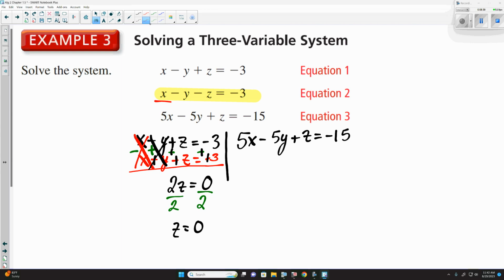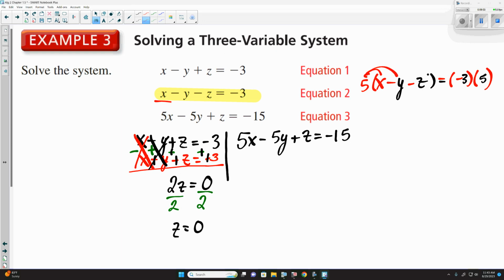All right, let's look at the other equation. What do we need to multiply our eliminator equation by to get our X to be 5X? It would be 5. We're going to take the entire equation and multiply both sides by 5.